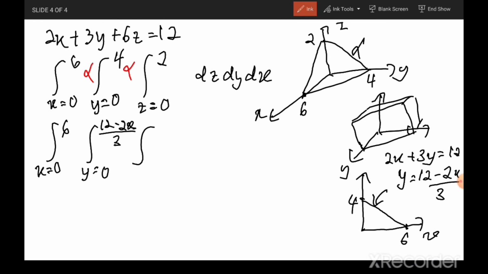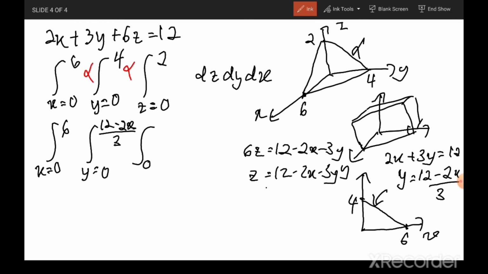And for z, it is between 0 until the equation, which is not 2. Sorry, it's not 2. So the right equation for z is 6z equal to 12 minus 2x minus 3y.